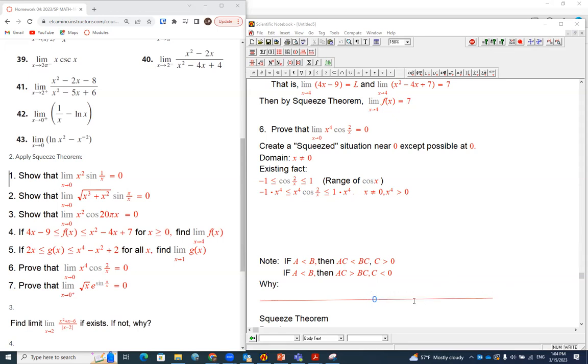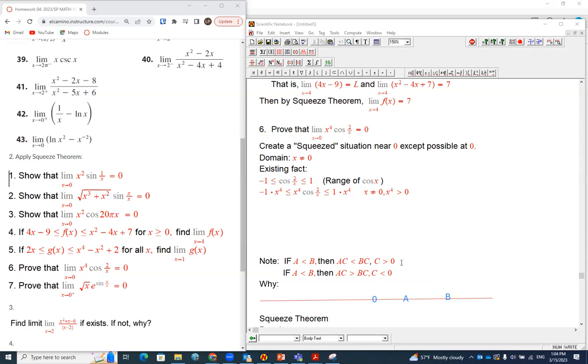Then I multiply a positive number for each, say 2 times A is going to be further in the other direction, as is 2 times B.